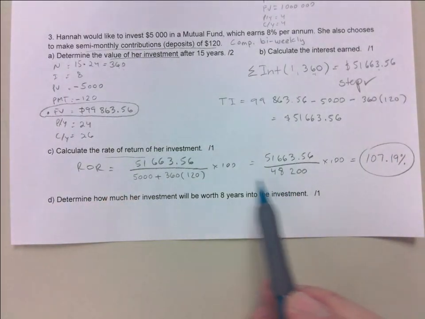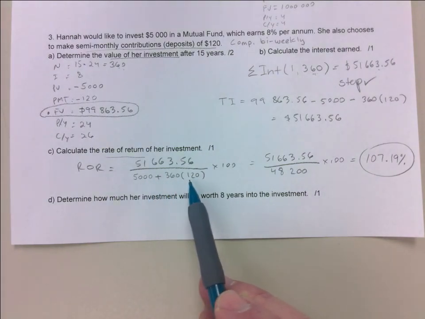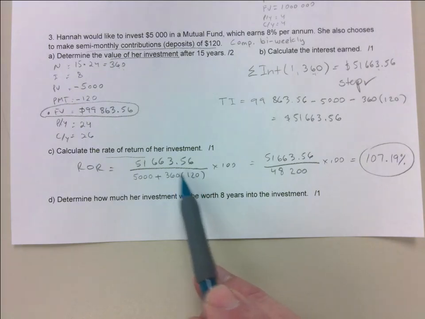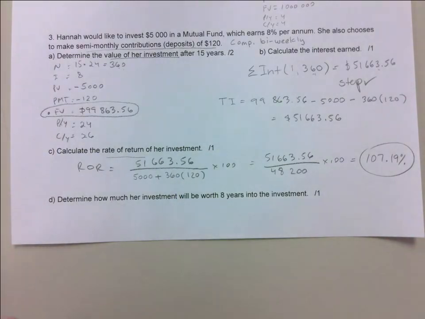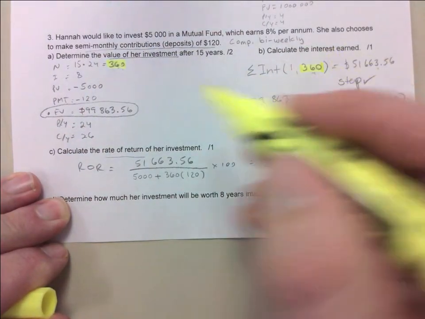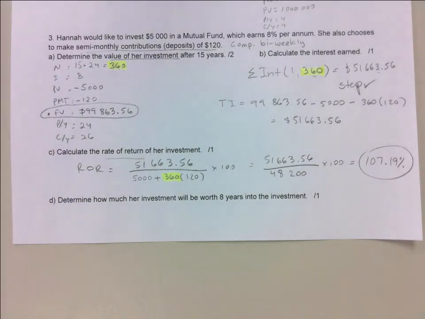So again, this part will depend on what you did in A. So if you use your N times 120, I give you full marks on this one. Whatever you figured out N in A, right? So I'm looking for this. I'm looking for that here, and I'm looking for that here essentially. Are you using N consistently?